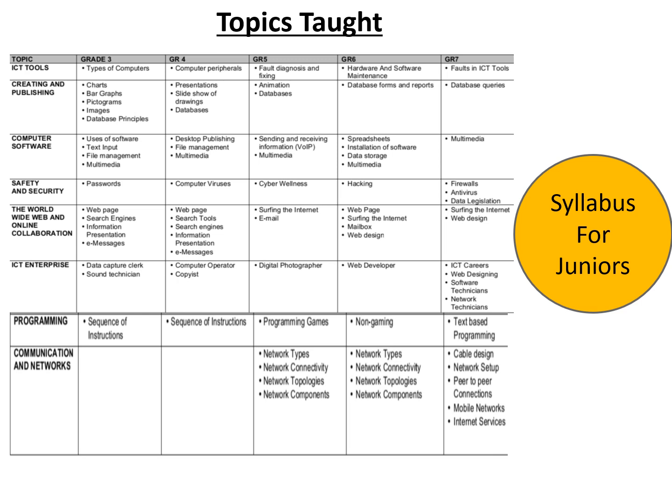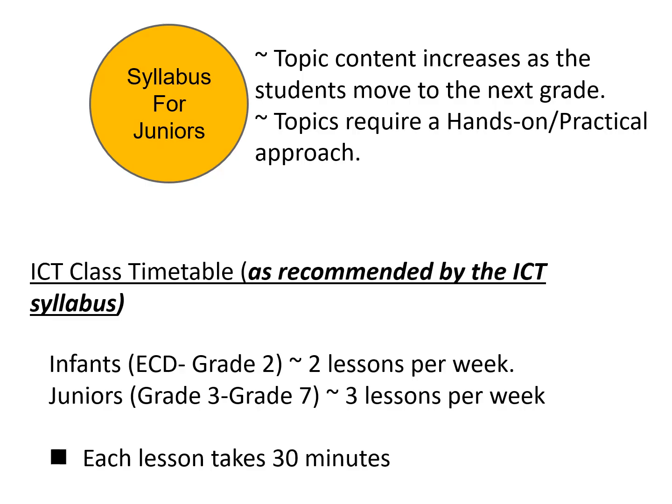We have ICT enterprise and also communication and networks. So the topics are the same for the infants and the juniors, except that the content increases as the students move to the next grade. And this syllabus also requires a hands-on or practical approach.